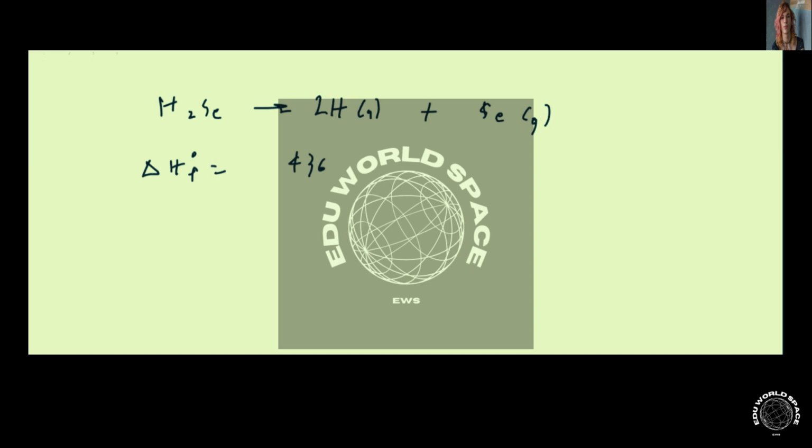And I'm going to omit units on this one just for the sake of brevity. Okay, so this here is our hydrogen, our selenium, and then we're going to subtract our reactants.